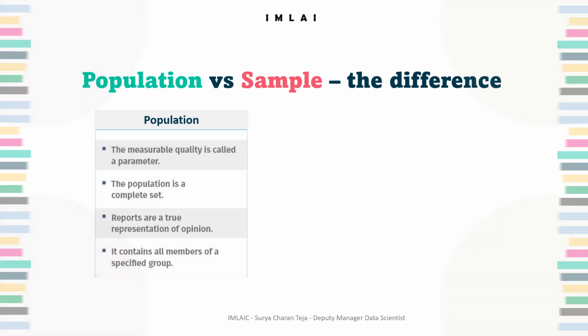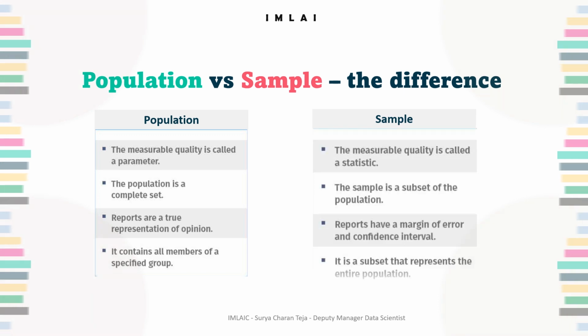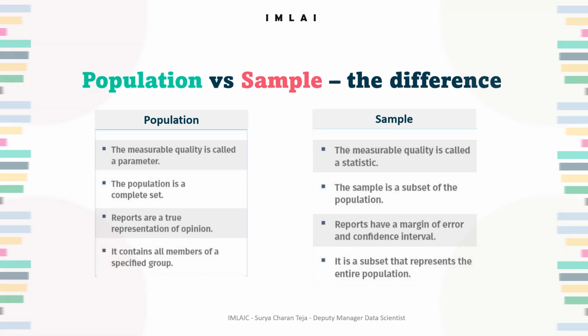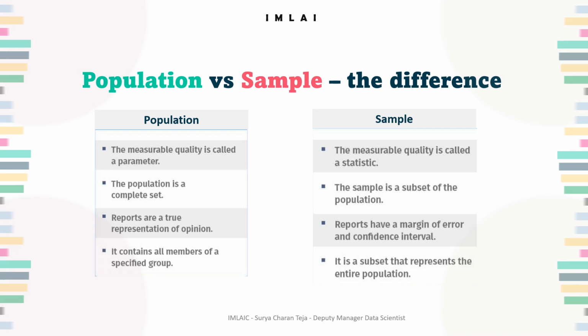On the other side, if you see a sample, here the measurable quality or attribute is called a statistic. In population we call it a parameter. In sample we call it a statistic. Always keep in mind that a measurable quality when you're dealing with a population is called a parameter.